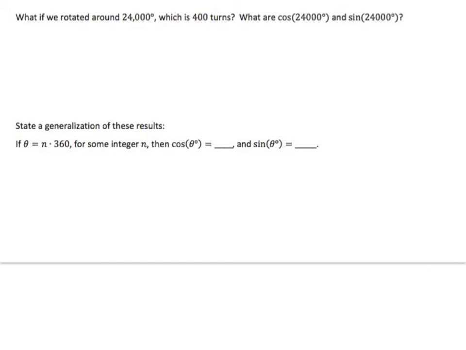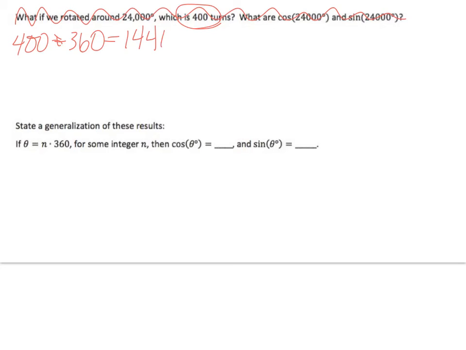What if we rotated around 24,000 degrees? I'm going to divide by 360. I did it wrong. Okay, we're changing this problem. I think in the spirit of what I'm trying to teach you, the book made a slight mistake, because 400 turns is 144,000 degrees.